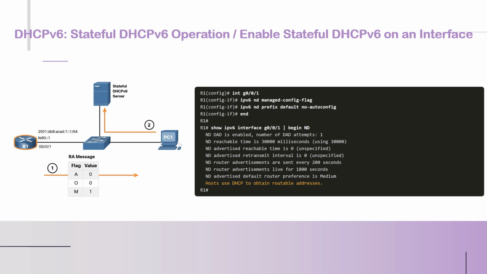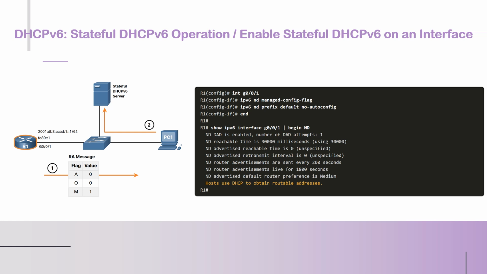The stateful DHCP server is enabled in the router by using the ipv6 nd managed-config-flag command, and this will set the M flag to 1. And the ipv6 nd prefix default no-autoconfig command disables stateless address auto configuration by setting the A flag to 0.